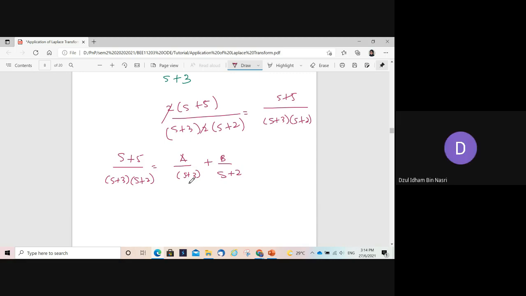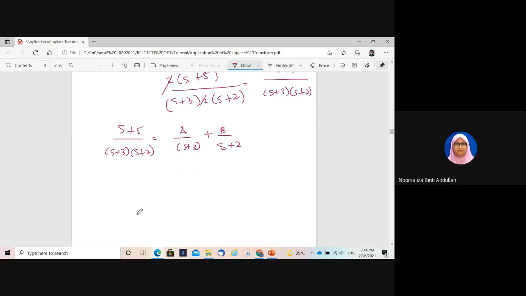Betul. Okay, so sama juga dengan A S tambah 2 plus B S plus 3 sama juga S plus 5.